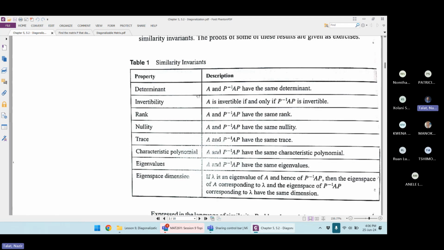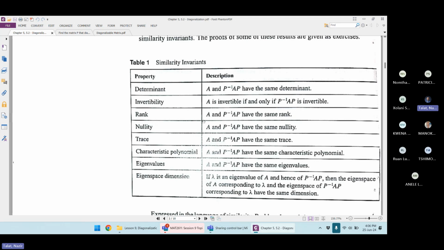Like this is a good relation: if you take the determinant of P inverse A P, because the products of matrices are always the same when they are square matrices. And also if A is invertible, then P inverse A P is also invertible. Both have the same, or the inverse of both matrices exists.